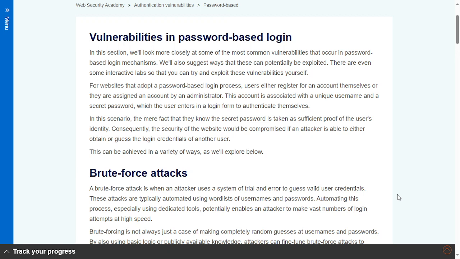In this scenario, the mere fact that they know the secret password is taken as sufficient proof of the user's identity. Consequently, the security of the website would be compromised if an attacker is able to either obtain or guess the login credentials of another user. This can be achieved in a variety of ways, as we'll explore below.